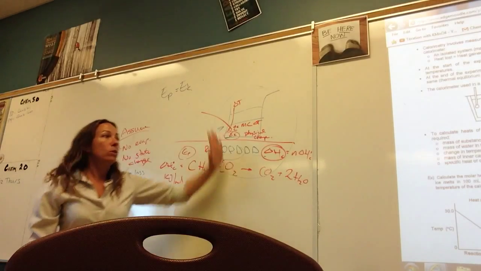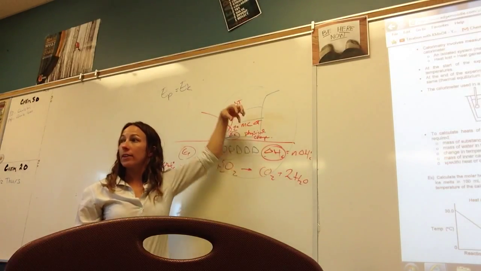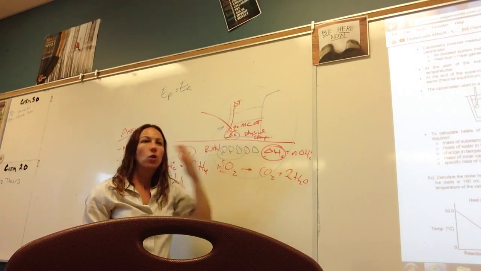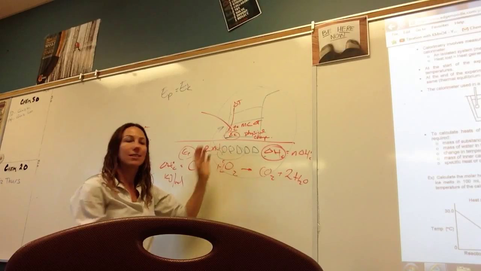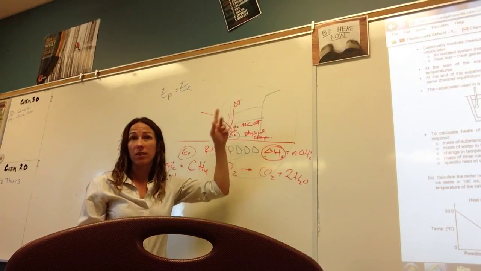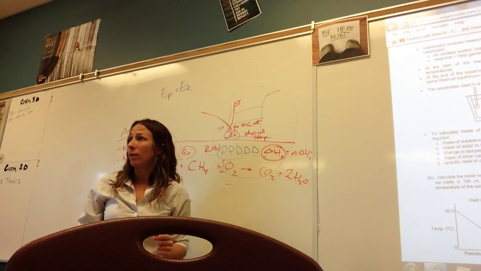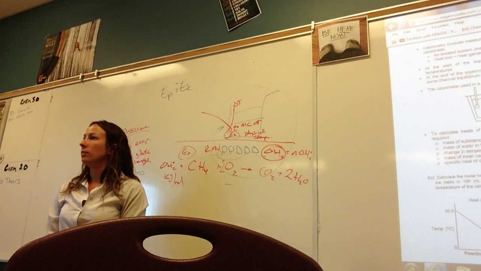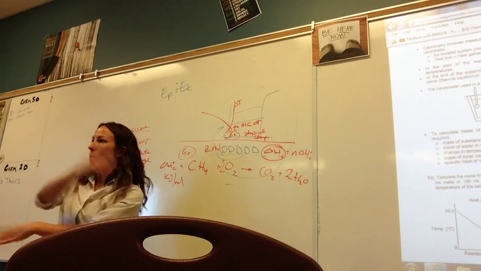Okay, but this is losing energy, right? And this is gaining energy. Would you agree with that? So if we've already said that losing energy is negative delta H, then gaining energy must be positive delta H, so they're the opposites of each other. So Ep equals negative Ek, because they have to be the exact opposite number.